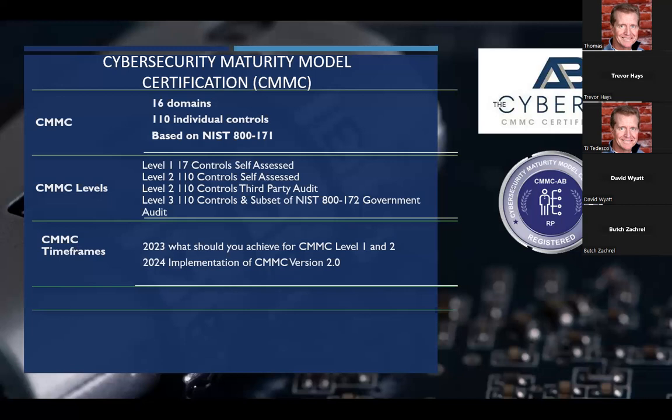Until the government is putting a gun to your head, there's really no reason from a compliance standpoint to go through the expense and the level of effort for that third-party audit. That third-party audit is going to take time.